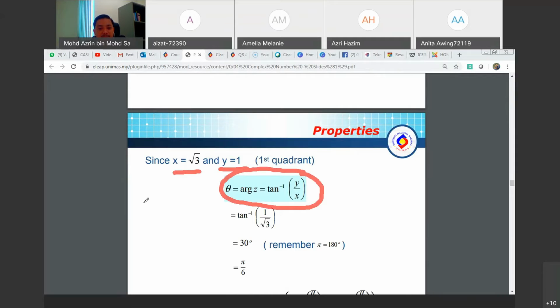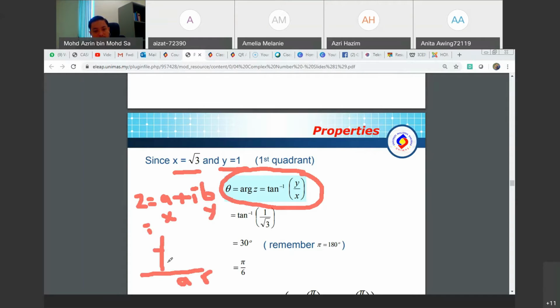Why? Look at the complex number Z equal to a plus ib. Which one is x, which one is y? Okay, so this is x and this is y. Still remember, if we draw a graph, this is imaginary, this is real.